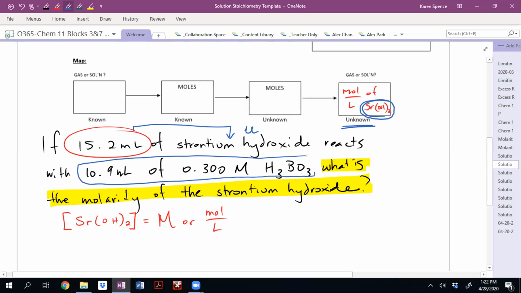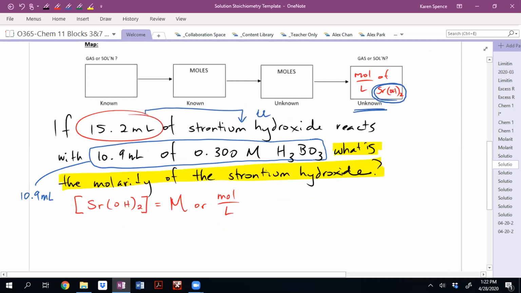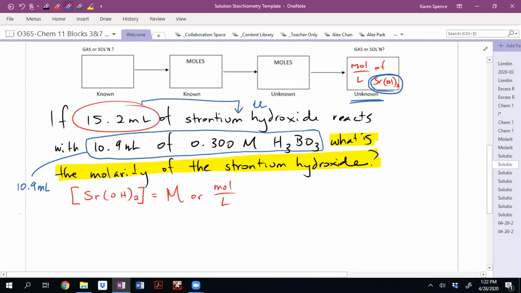We know that we have 10.9 milliliters. And remember, rewrite your milliliters as liters. So that will be 0.0109 liters. We've moved our decimal place 1, 2, 3 positions.